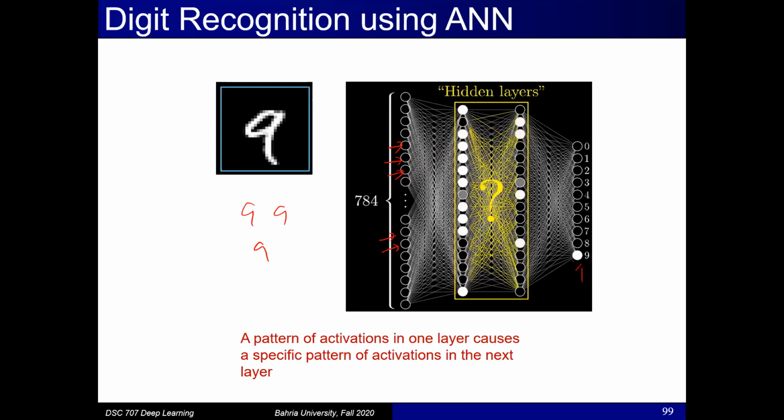You can just say that whenever the neurons see a picture like this, there will be a certain pattern of activation in one layer, which will subsequently cause another pattern in the next layer. And eventually at the last layer, we expect that if it's a digit 9, you have a high value here, close to 1, and the rest are close to 0.